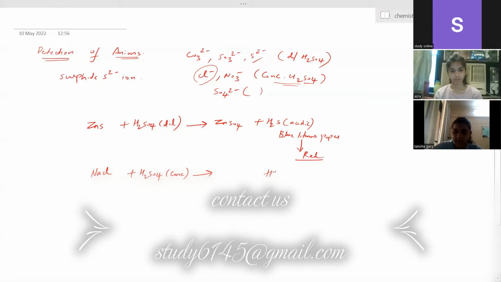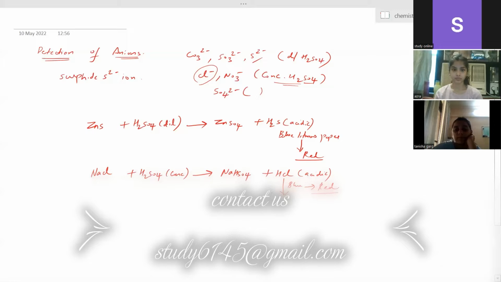HCl and NaHSO4. Now again, this gas is acidic, so what will you bring? Blue litmus, it will turn red.